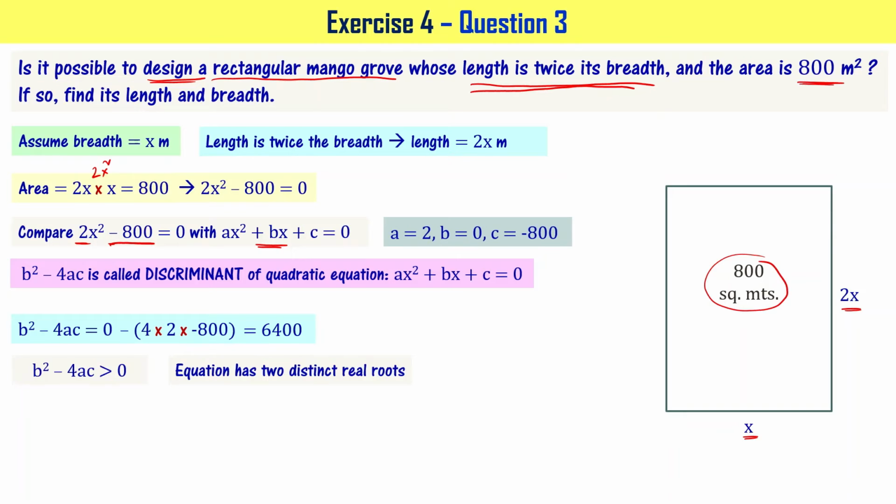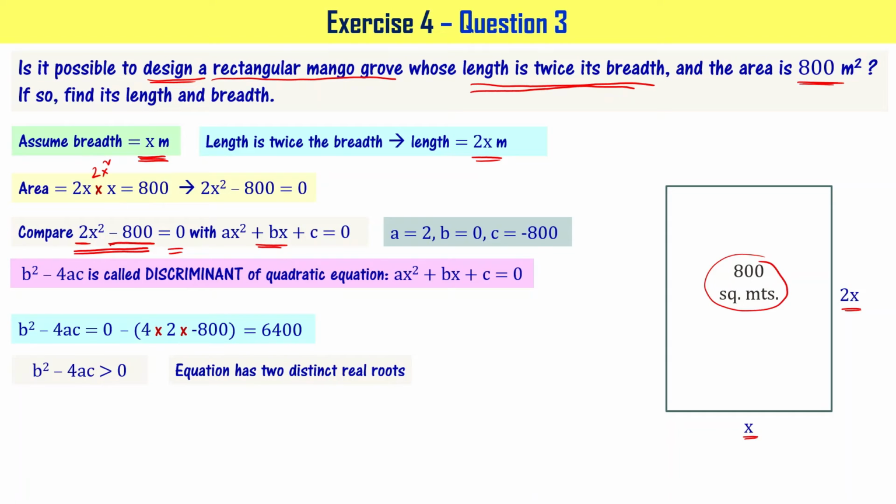So we can find these roots. It means we can find the value of breadth, right? Roots of this particular equation, 2x square minus 800 equal to 0, are going to give the value of x, right? That value of x is the value of breadth. Once you know the breadth, you know the length.